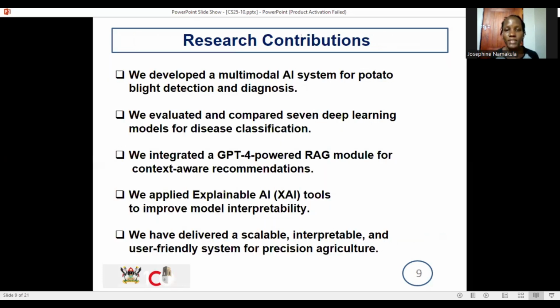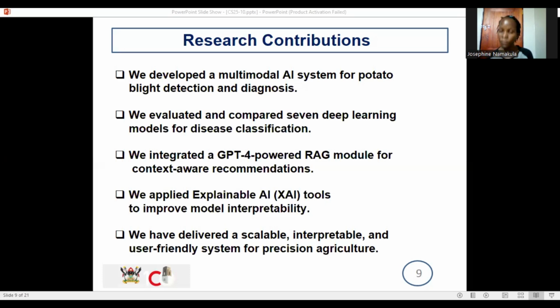When I move to the next slide, I find the research contributions, like what we did. We developed a multimodal AI system for potato blight disease detection and diagnosis. As I said, when you upload an image, the system detects whether the plant is diseased, with late blight or early blight.